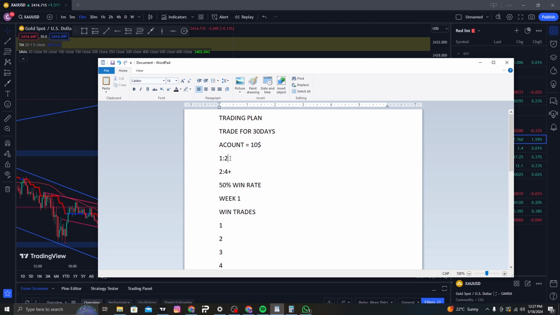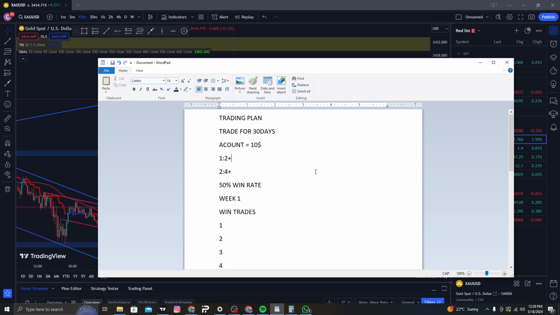After that, the ratio that we're going to use is 1:2, right? Let me just put a plus on that 1:2. A plus is basically that you can still use 1:3 if you are seeing whatever trade that you are in is going in your direction and it doesn't look like it's going to reverse anytime soon.